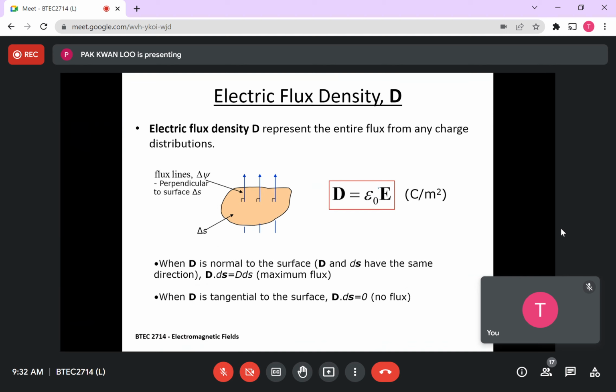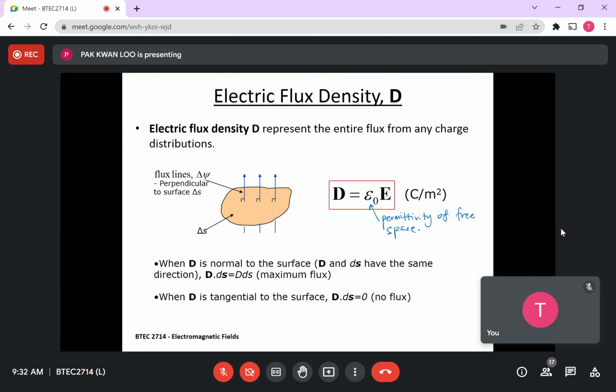equals the permittivity of free space, multiplied with the electric field. This is in free space, and this always holds true.